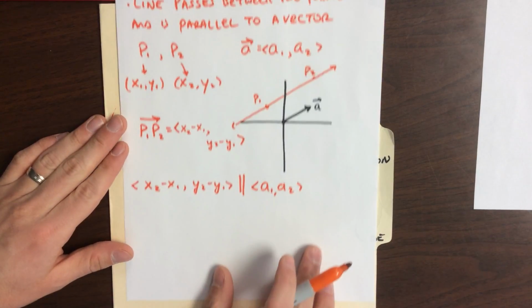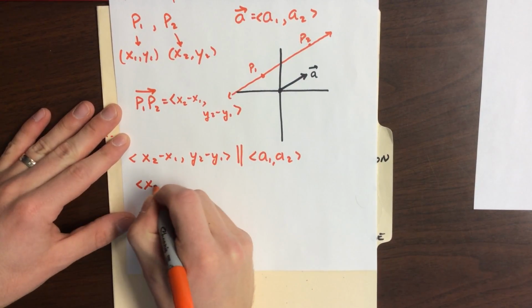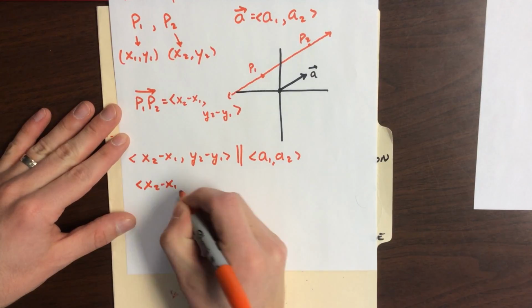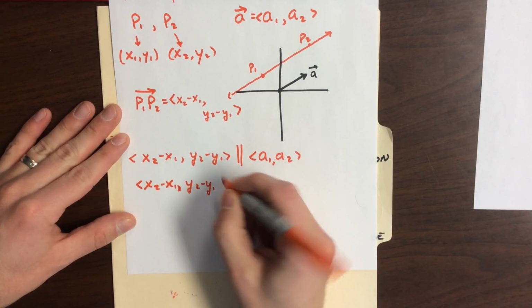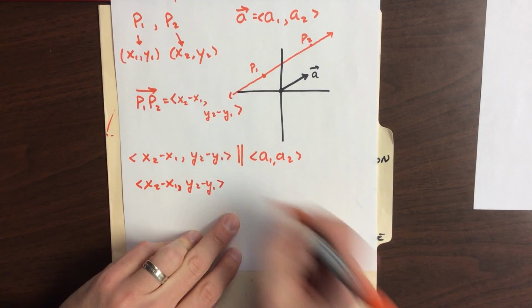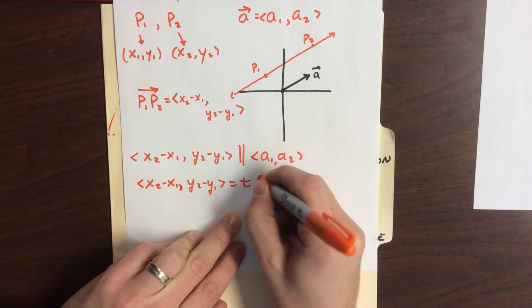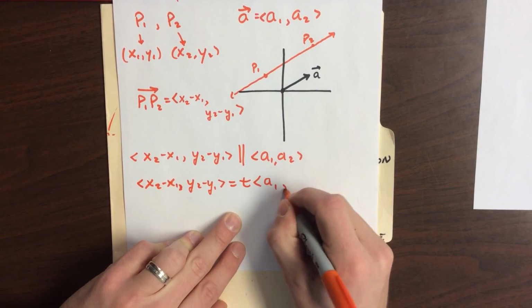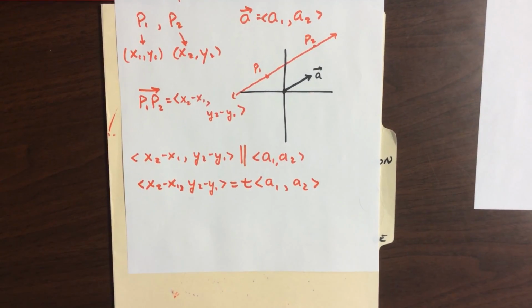So that tells us then that whatever those points are, we have that x2 minus x1, y2 minus y1 is going to equal a scalar multiple of another vector.